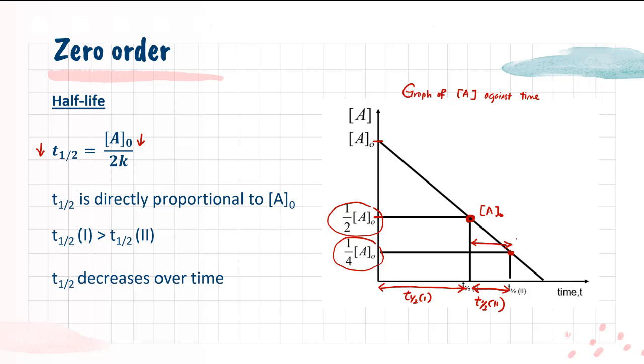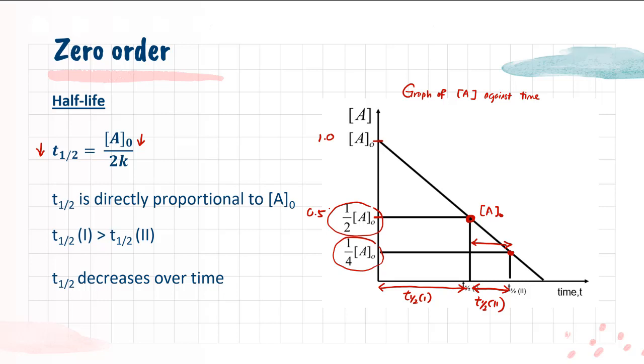So you can see that the half-life decreases with time, where the second half-life is smaller than the first half-life. If you can't tell from the ratio, then maybe we can take the values. Let's say the initial value is 1.0. Reduced to half, it becomes 0.5.